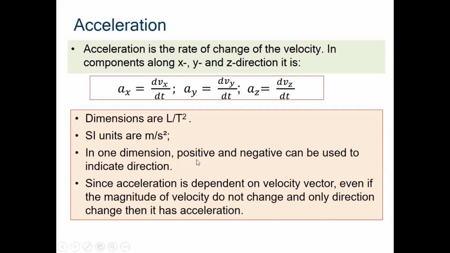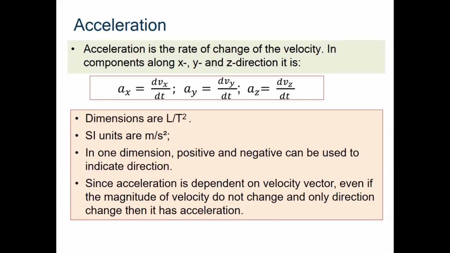In the one-dimensional case, acceleration can be positive or negative, and we must use some direction indication in which we label the positive direction and the negative direction. Since acceleration depends on the velocity vector, even if the magnitude of the velocity is not changing and only the direction is changing, we still have acceleration.